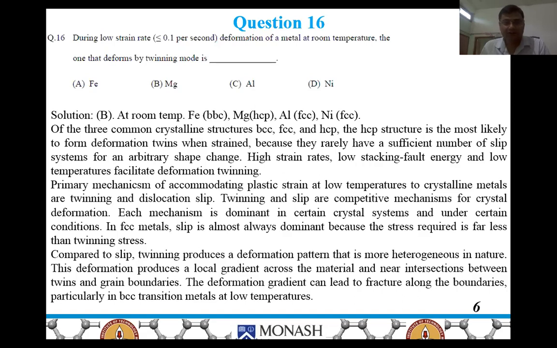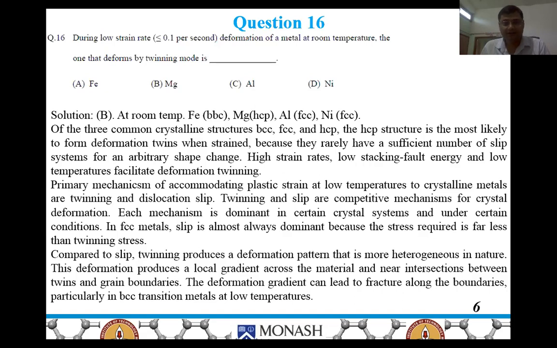Of these three common crystalline structures, BCC, FCC, and HCP, the HCP structure is most likely to form deformation twins when strained, because they rarely have a sufficient number of slip systems for an arbitrary shape change.